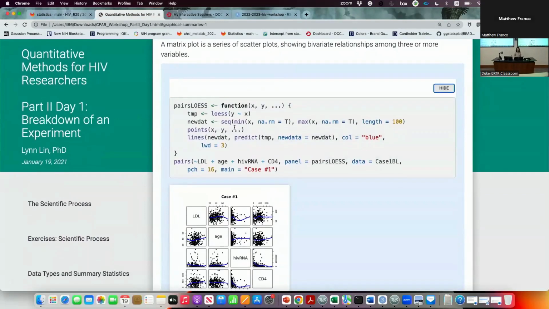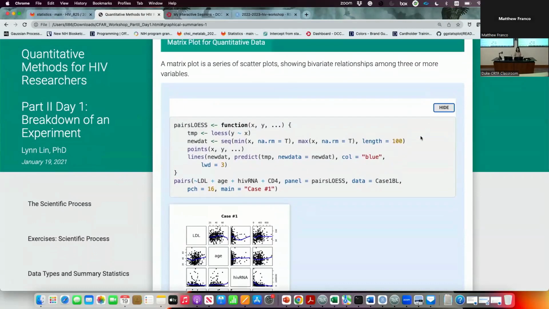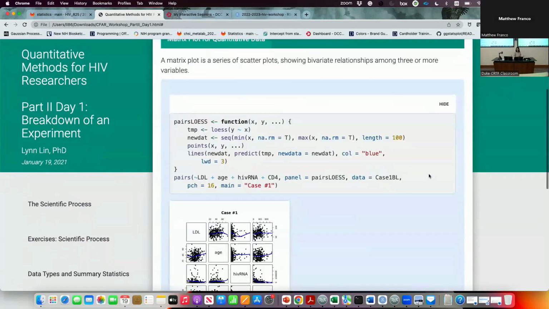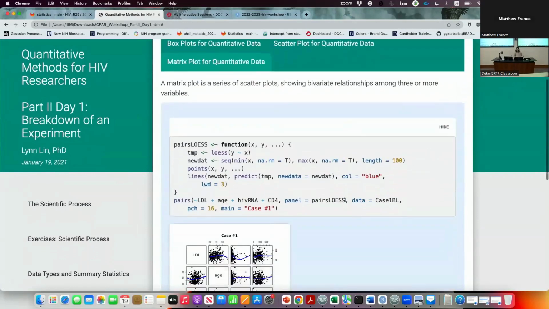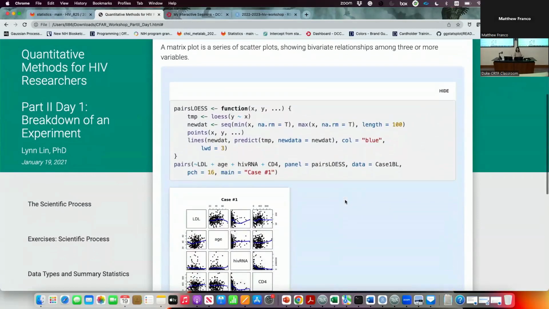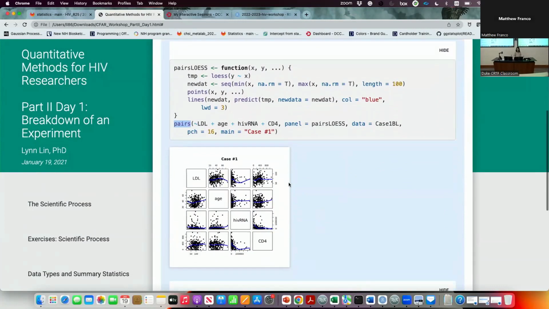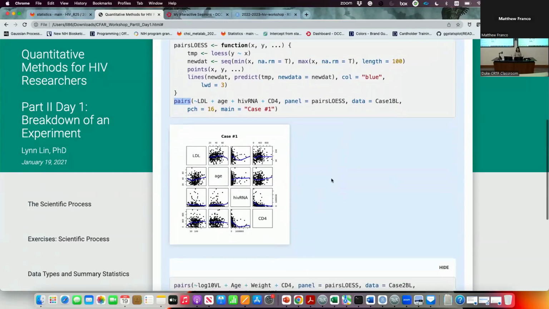And if you go back to the lecture notes, you can see all the code. It gives you some examples of how to generate this pairwise scatter plot. In R, the default function is just pairs, and then you tell R which variables you want to use to create this pairwise scatter plot.